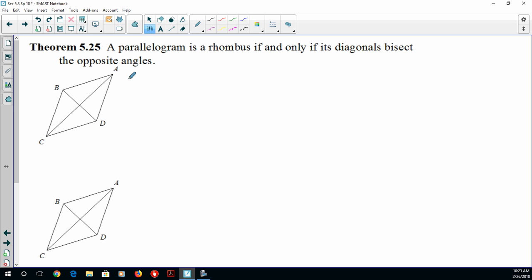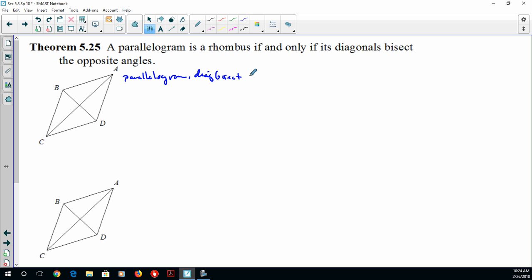Parallelogram and diagonals bisect. And that implies rhombus.